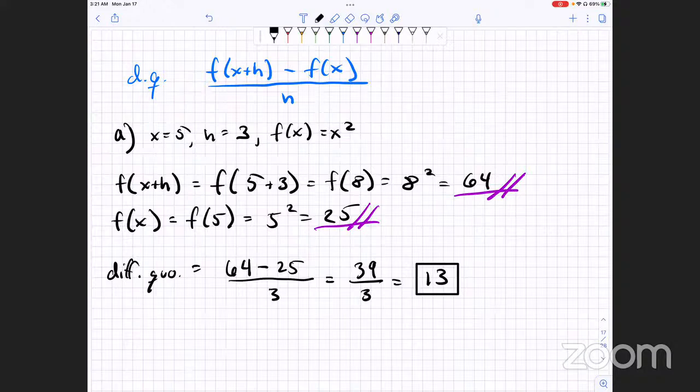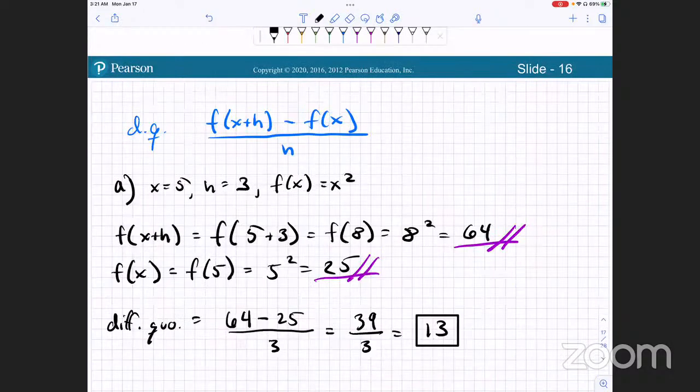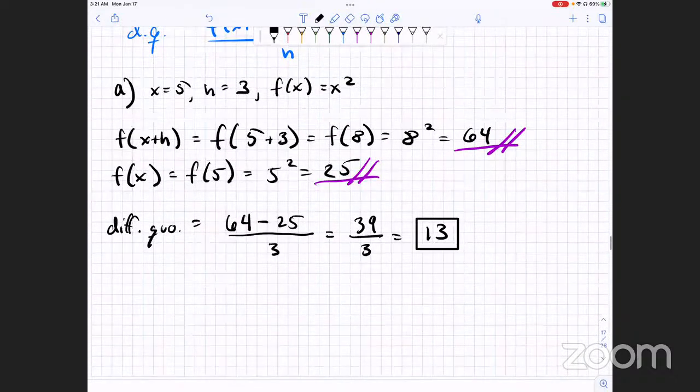And then part B, the only difference is now that h is 0.1. So now that change is much smaller. So for B, x is 5, h is 0.1, and f of x is x squared.